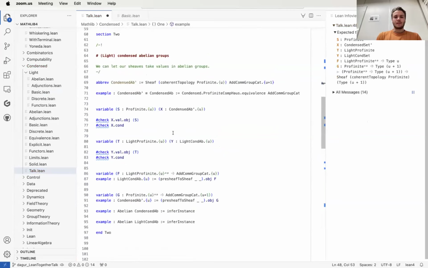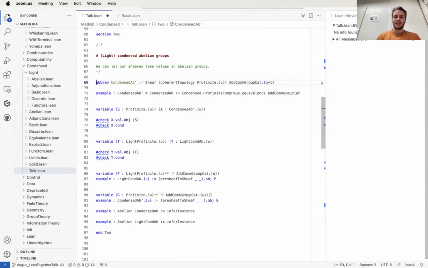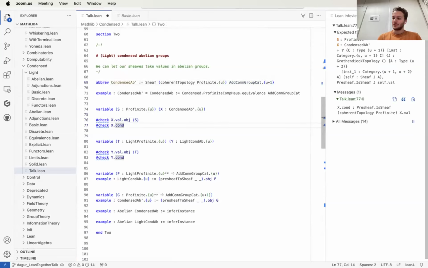Okay, we can also talk about condensed abelian groups, of course, just having our sheaves take values in the nicely named category of abelian groups, AddCommGroupCat. And I can do all the same stuff here, and it works the same way.